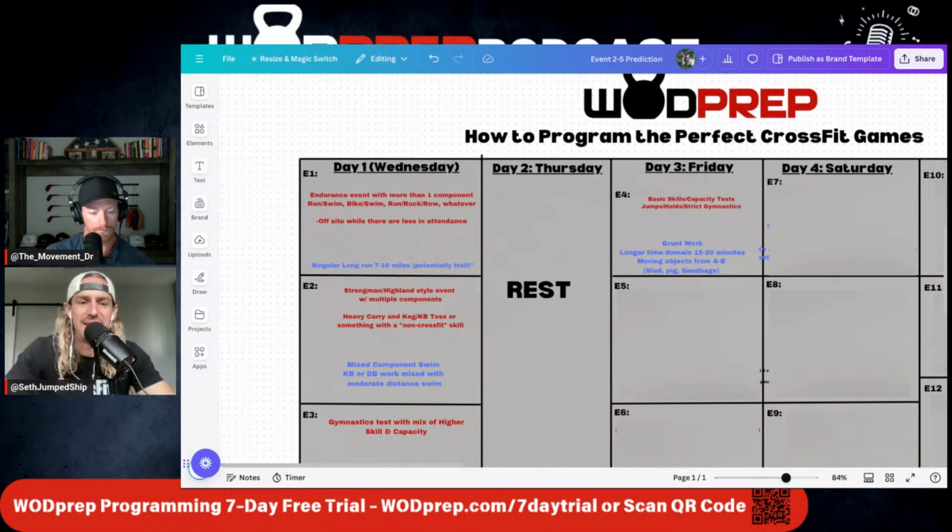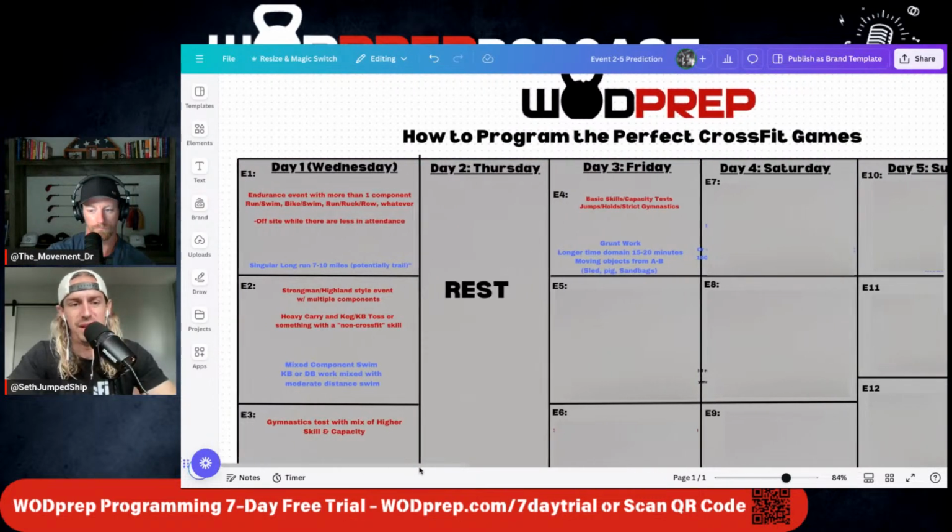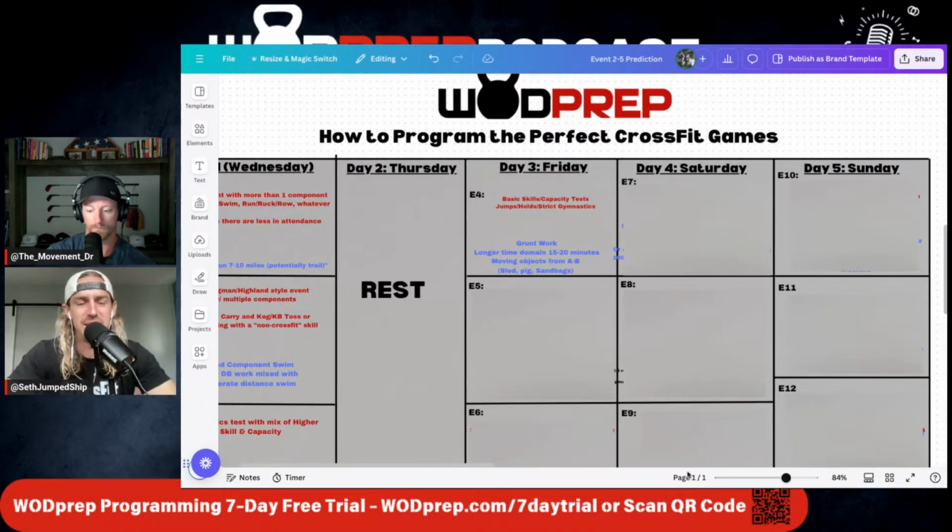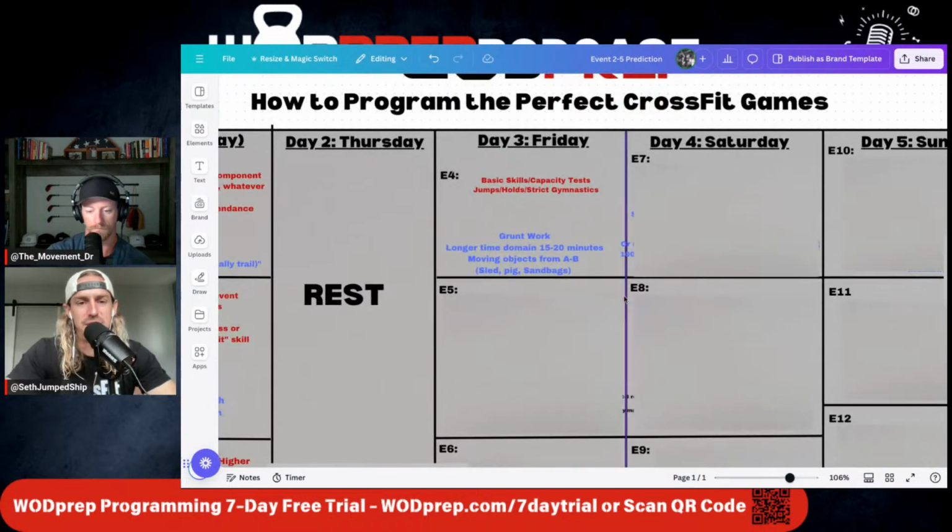I didn't really like the skills event that Boz did with the double under crossover. I thought it was too over the top, too circusy. I'd like to see more relatable skills like an L sit hold, a challenging variation of that. Maybe it's on rings where you have to keep your feet off the plate instead of the parallettes from years past. So something that's a mix of stability, strength, and some basic skill, I think.